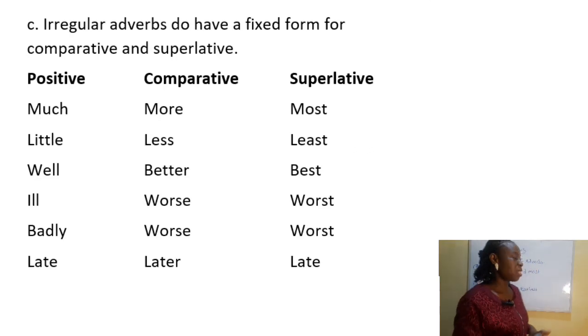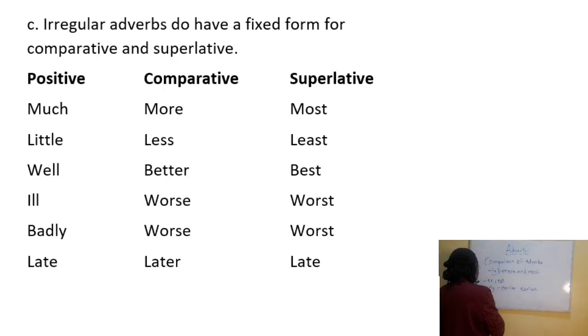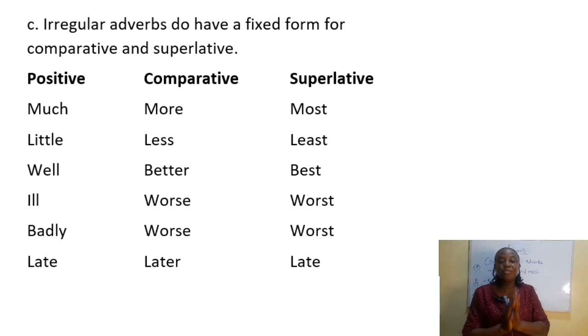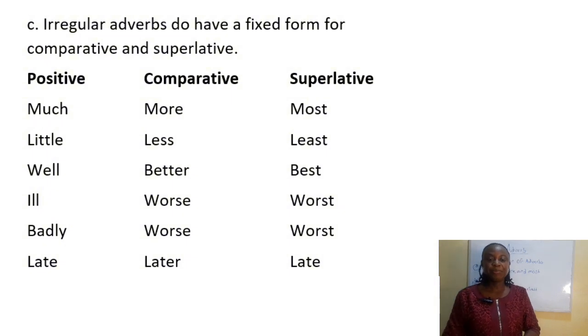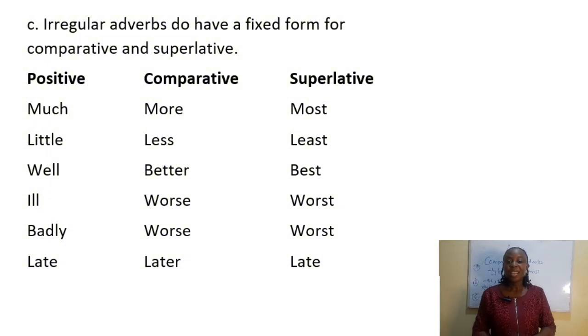The third part is the irregular. Just like we have regular and irregular verbs, we also have them in adverbs. Irregular adverbs do have a fixed form for the comparative and superlative. Let's look at the examples.